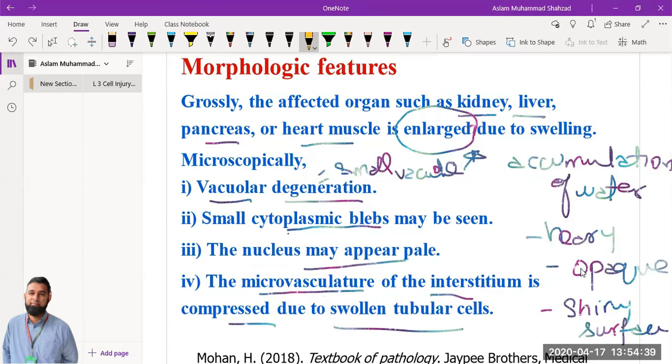Okay, if we see the next point, the microvasculature of the interstitium is compressed due to swollen tubules. So what is meant by microvasculature? It is, in simple terms, the circulatory system, or you can say the capillaries.